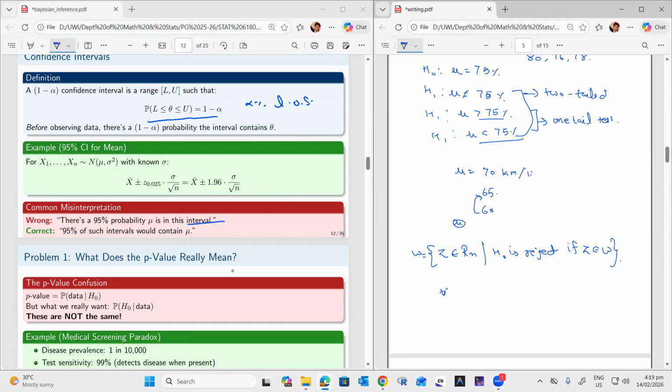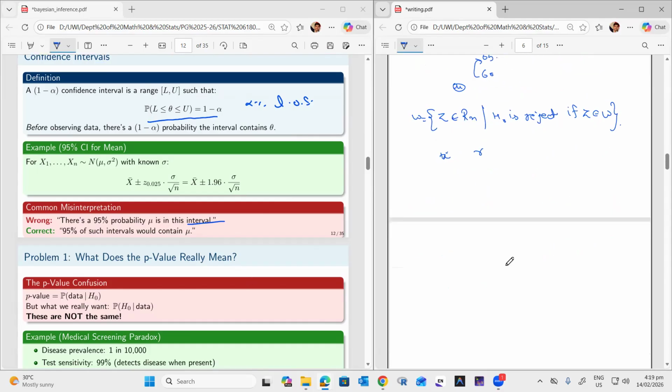For example, if you are generating 100 random numbers, say x1, x2, up to x100, from the normal distribution 0, 1 in R, the command is rnorm(100, 0, 1).